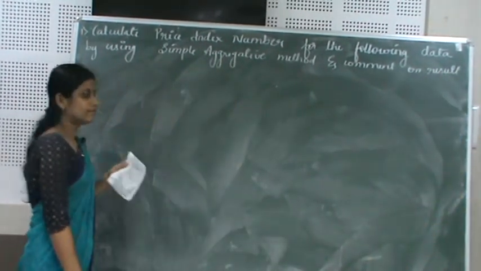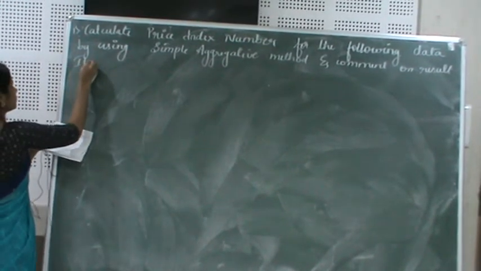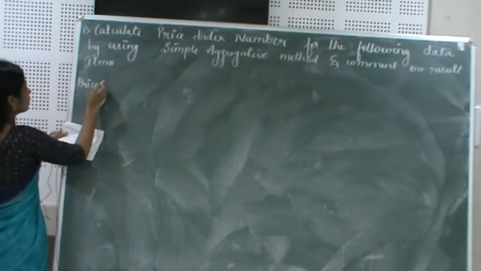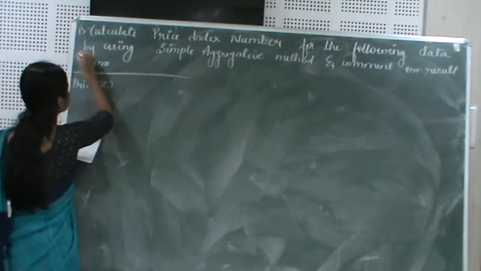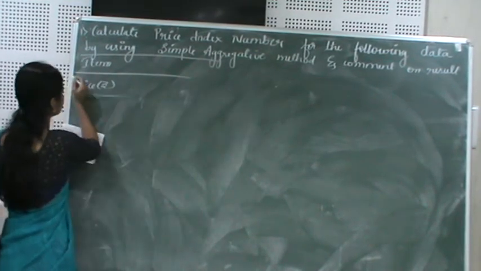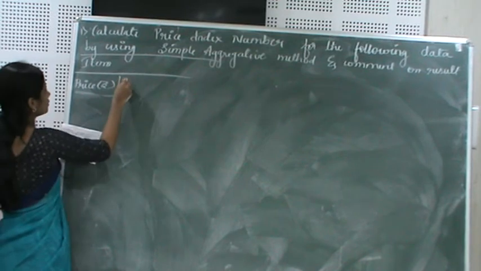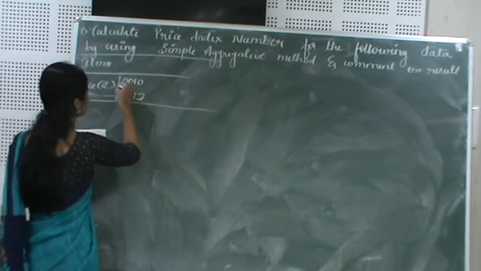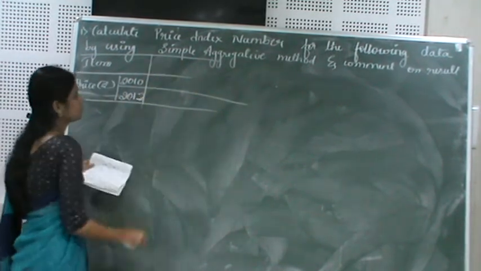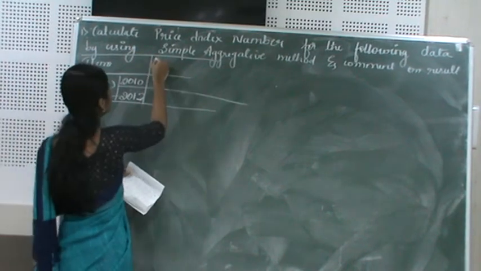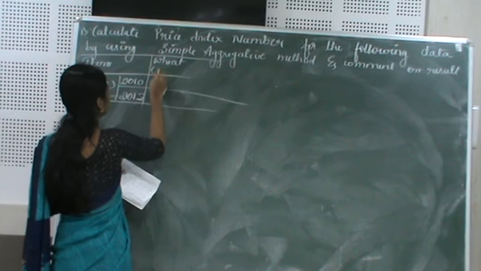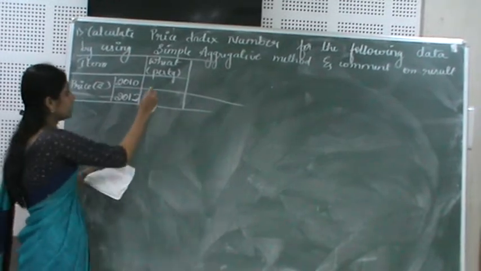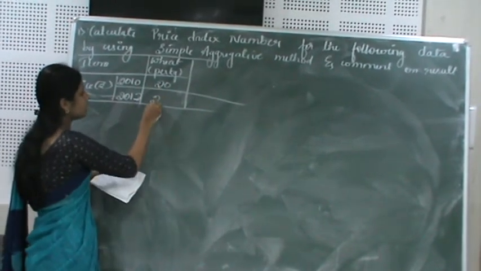The information given is items and price in rupees. In price they have given prices of 2010 and prices of 2012. The items are wheat per kg, the price in 2010 is 20 and price in 2012 is 23.